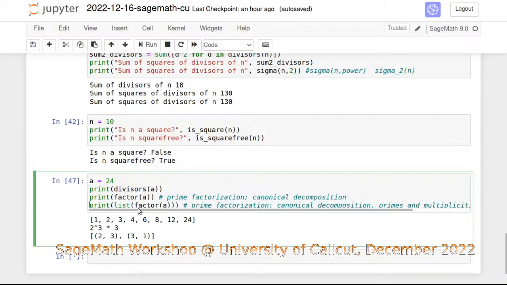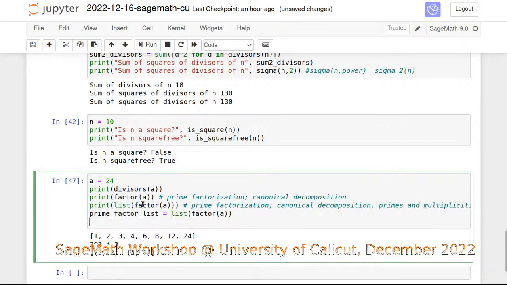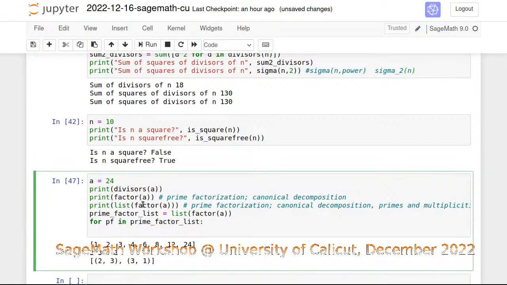And here we can explicitly show which factor is appearing how many times using this same command. Because we have the multiplicity also, we take the prime factor list and simply print it. We can see it appears as a list, 2, 3, where the first is the prime and the second is the multiplicity.